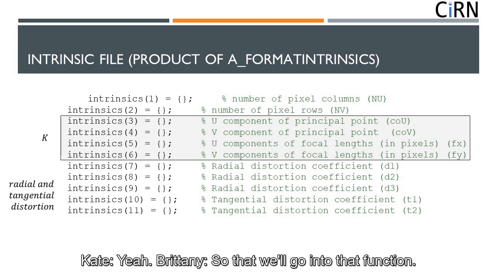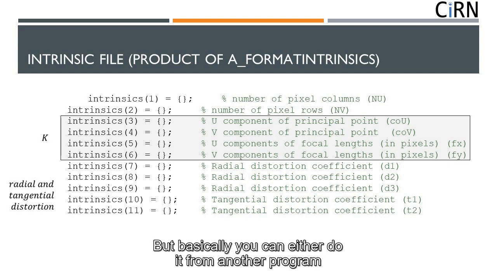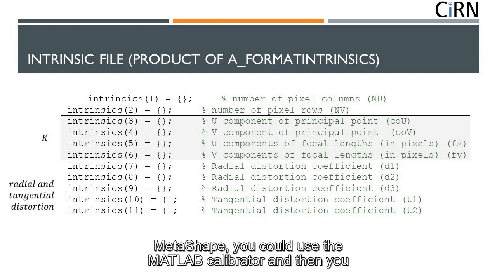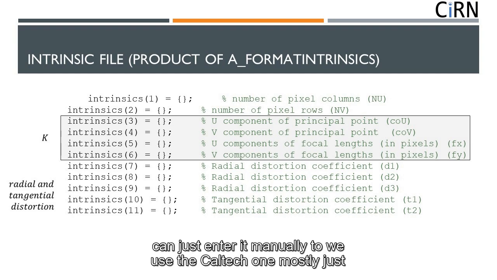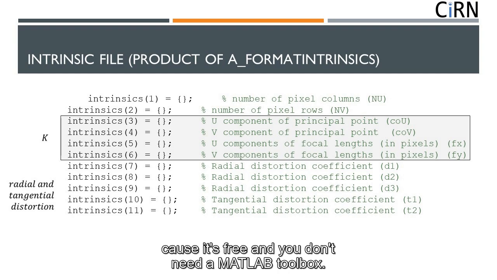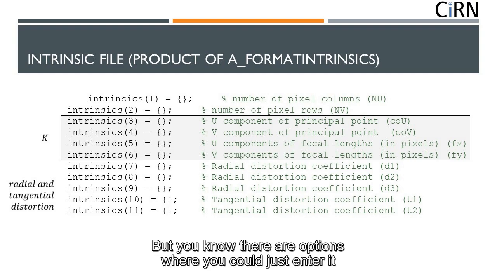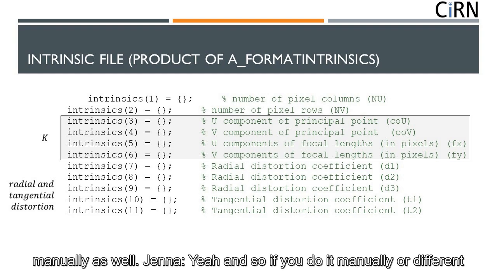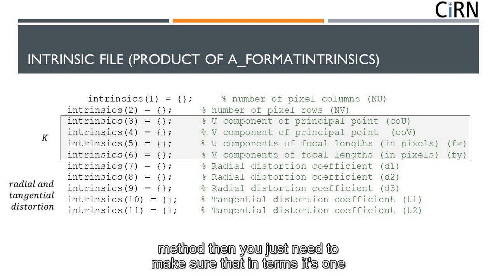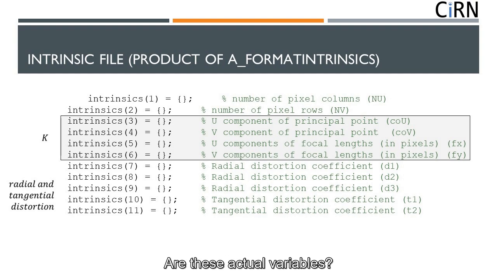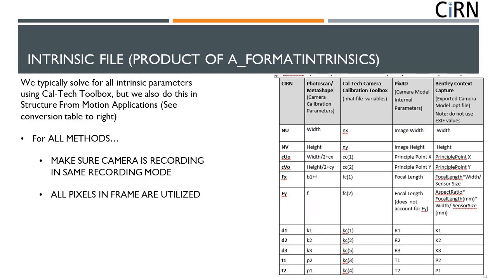Yeah, we'll go into that function, but basically you can do it from another program like Metashape, you could use the MATLAB calibrator, or you can just enter it manually. We use the Caltech one mostly because it's free and you don't need a MATLAB toolbox. If you do it manually or with a different method, you just need to make sure that intrinsics 1 through 11 are these actual variables.